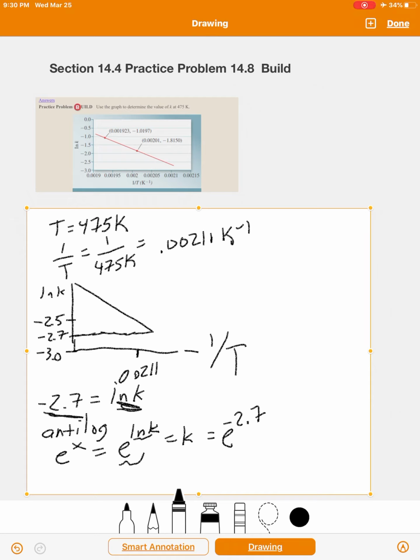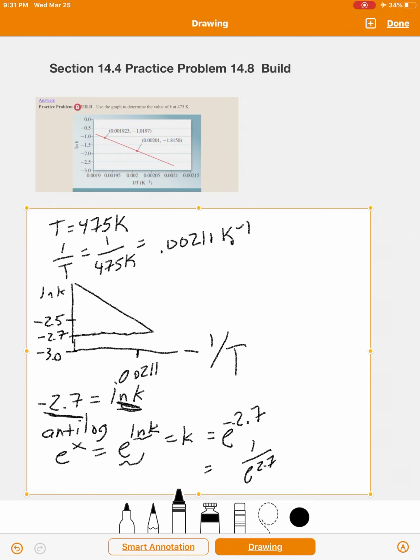Now, there are courses where you might be asked to be able to approximate that calculation in your head, but we're not going to do that in here. You could do this on your calculator, but the negative is another way of saying it's just 1 over e to the 2.7.